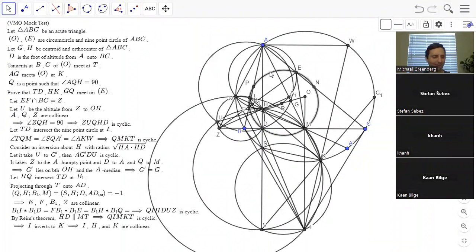It's up to you guys. It's a nice one though. But yeah, I think we got the main part, showing that this is collinear.